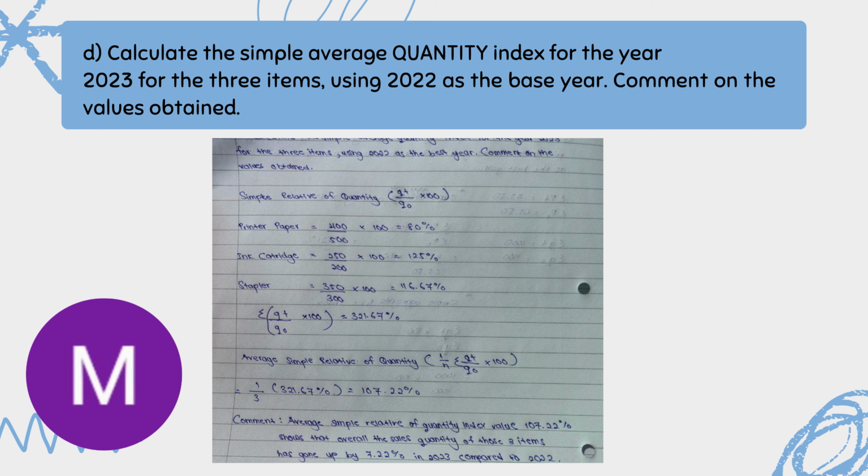So our comment here is that the average simple relative of quantity index value of 107.22% shows that the overall sales quantity of those three items has gone up by 7.22% in 2023 compared to the previous year, which is 2022. So that's it. Thank you very much.